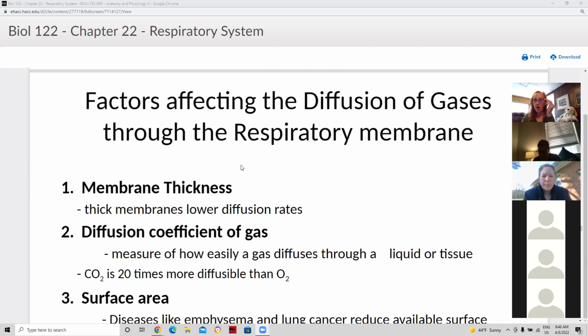What do you know about diffusion in general? It goes from a higher concentration gradient to a lower. Yep. And how does it change over distance? How efficient is diffusion over distance?